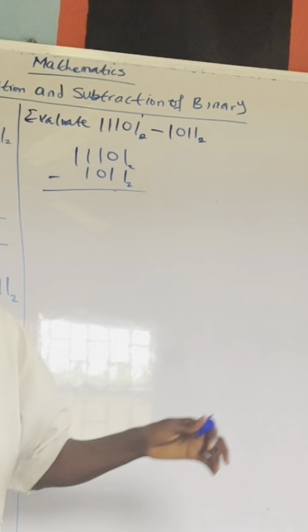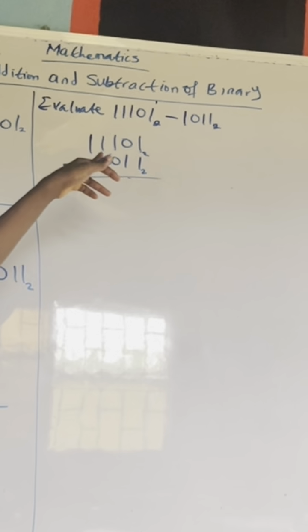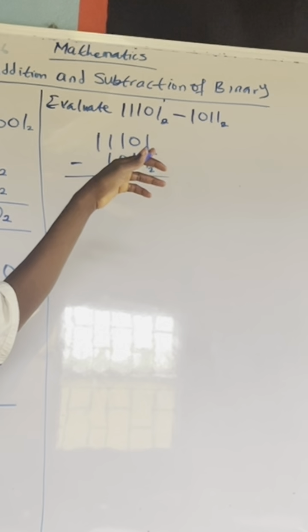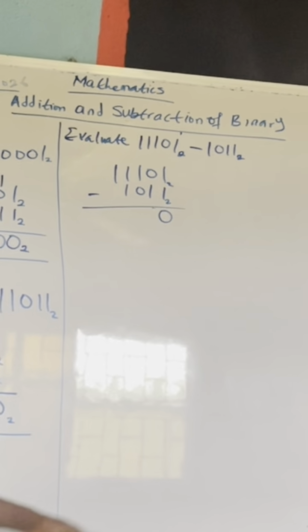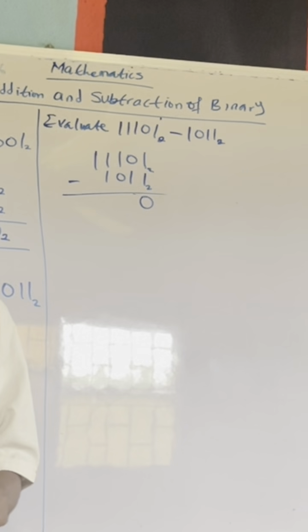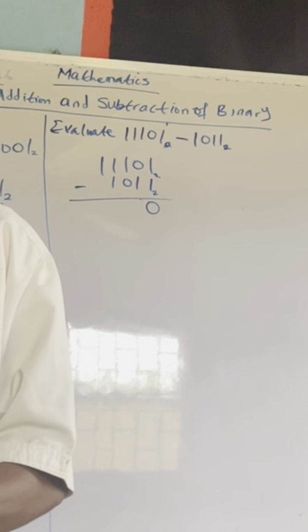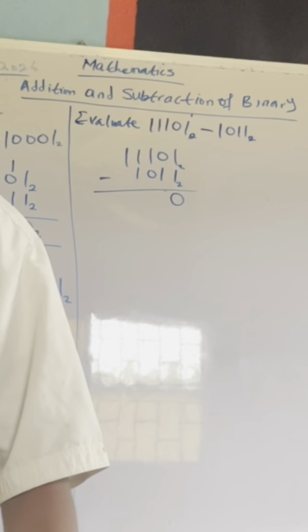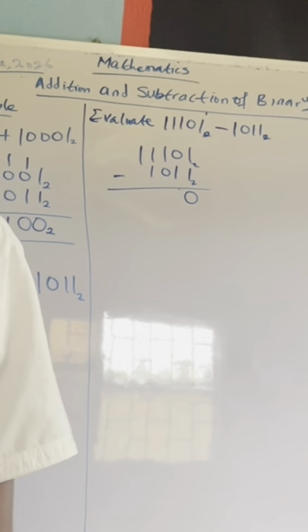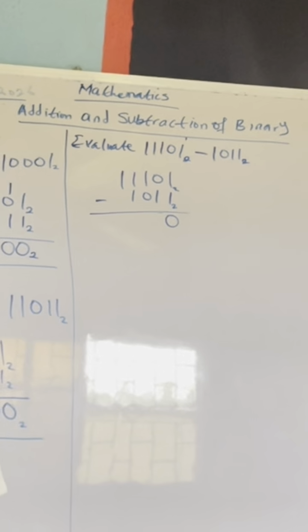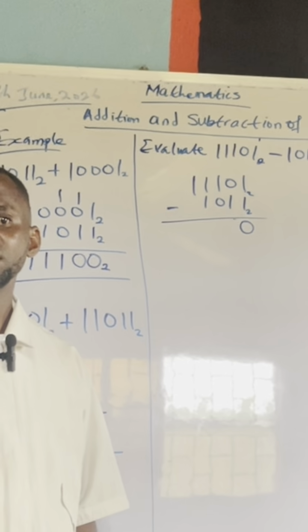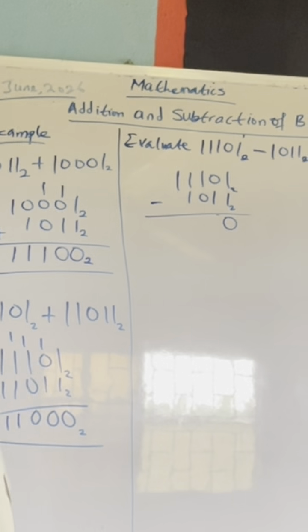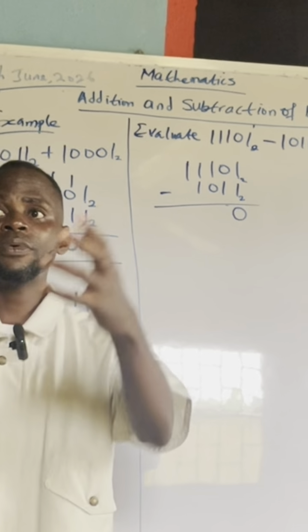So it's going to be 1 minus 1 is what? 0. 0 minus 1. 0 minus 1 is not possible.